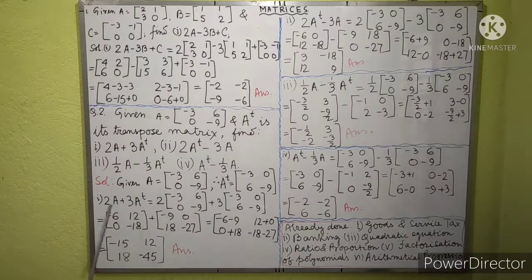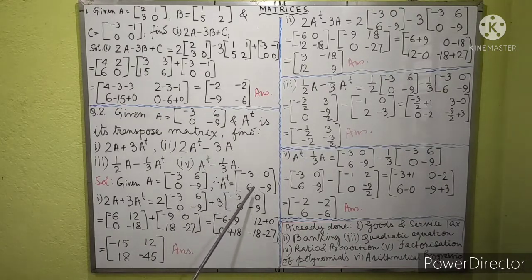As A is [-3 6; 0 -9], the transpose matrix will be: the row minus 3, 6 changes into a column, and 0, minus 9 also changes into a column.